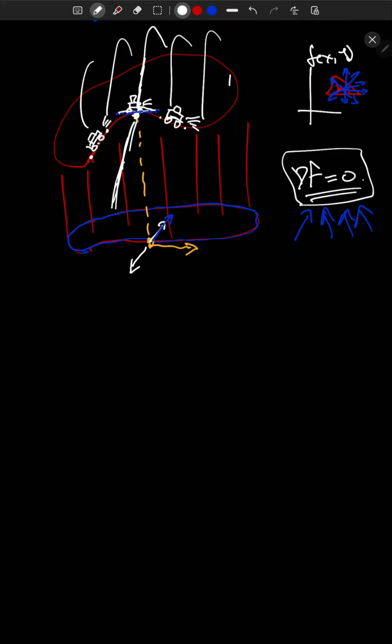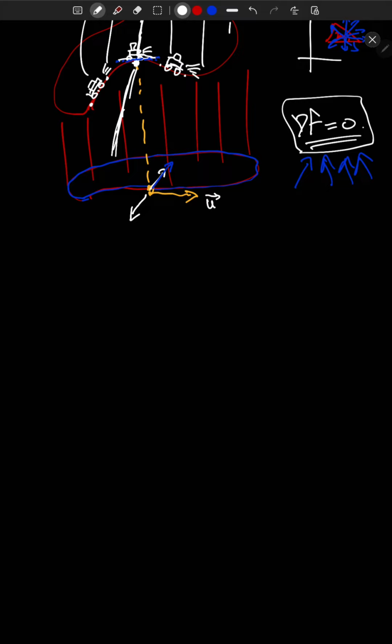Let's say we're at a certain point on our road. Let's call the tangent direction u. This is the direction of motion. So what we're looking for is we want the directional derivative in the direction u of f to be 0. Let me be a little bit more precise.